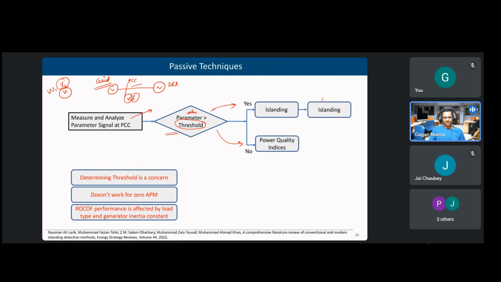When they change, the frequency will also change. The threshold is based upon the nominal frequency that we have decided. But if load type and generator inertia constant change, then the threshold will also have to change.